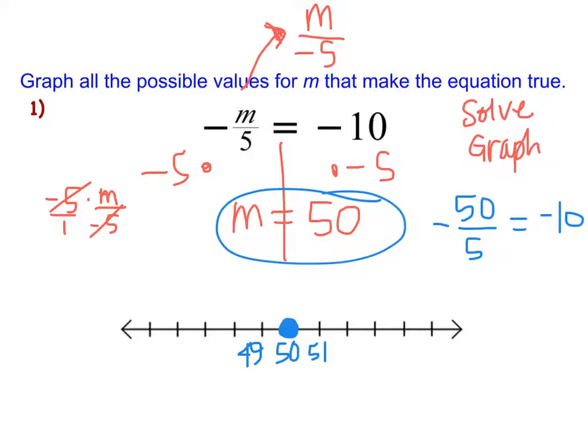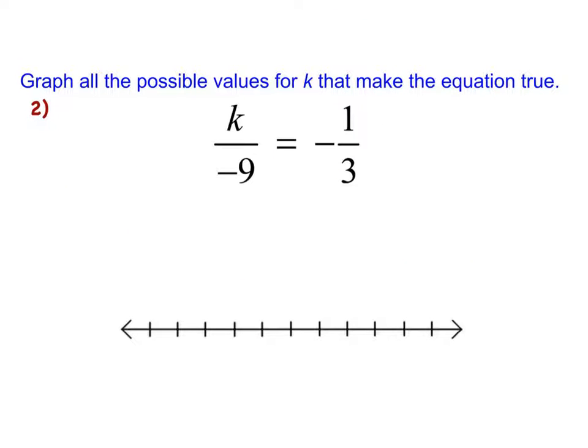All right, let's try another. Okay, so k is divided by negative 9. So I'm going to multiply both sides by negative 9. So the negative 9s cancel out to 1. So I have 1 times k, or 1k.